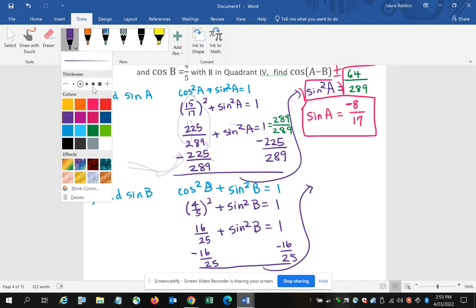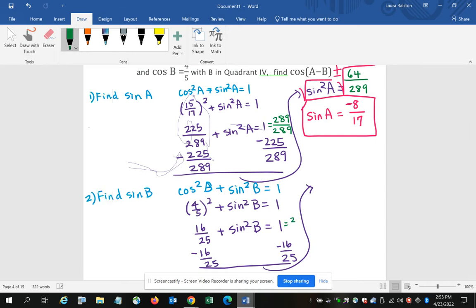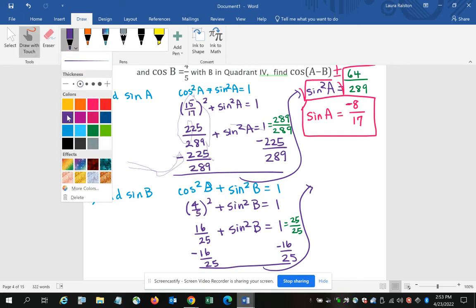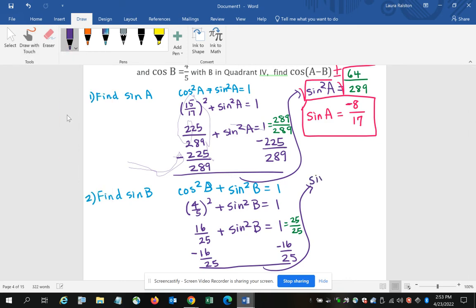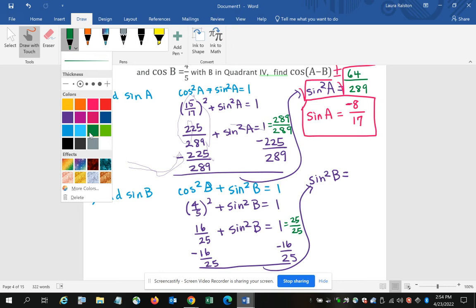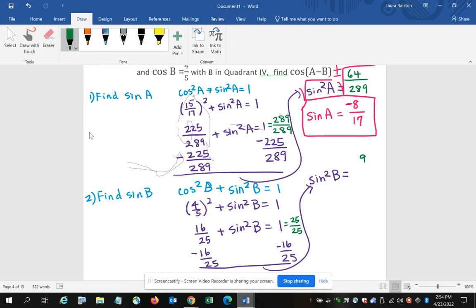Remember that 1 whole is 25 over 25. So sine squared B equals 25 minus 16 is 9 over 25.